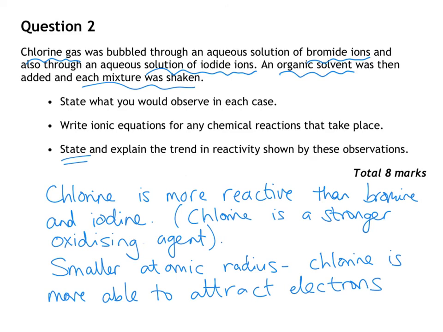Anything along those lines. If you were writing it absolutely superbly, you could say that it gives out more energy in its electron affinity, but that would only be if you've done Born-Haber cycles, and it's not really necessary. So we're looking at the group trends, the idea that it has a smaller atomic radius, fewer shells, less shielding, stronger attraction to outer electrons, more able to attract electrons, more able to remove electrons from other elements. Something along those lines to explain the trend in reactivity.